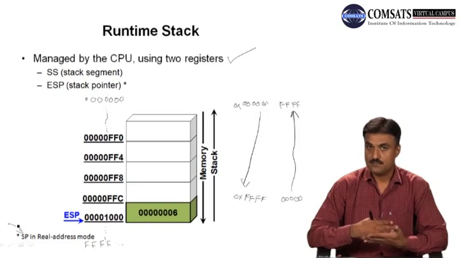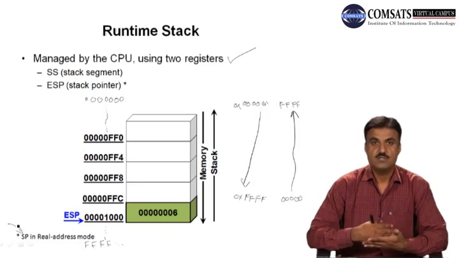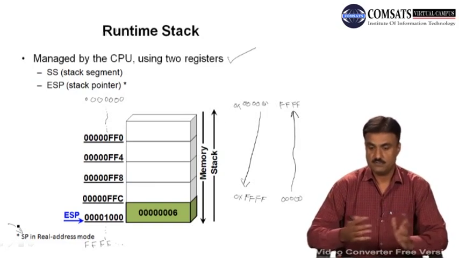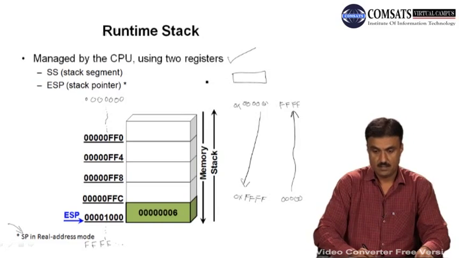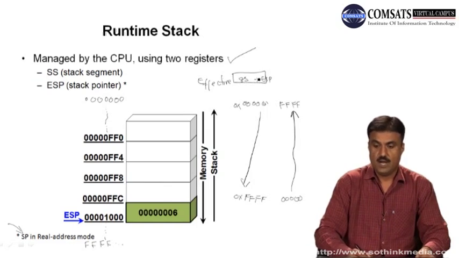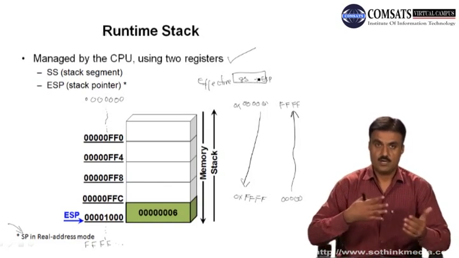ESP works as an offset and the segment register works as a starting point. As we know, when we add these two, we can form the effective address. The effective address will be the segment register plus the stack pointer. So when we add these two, we can locate our stack.